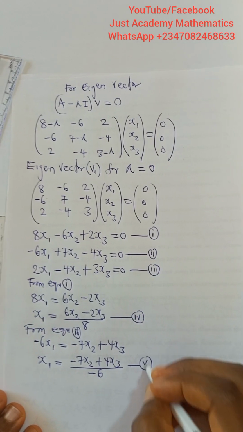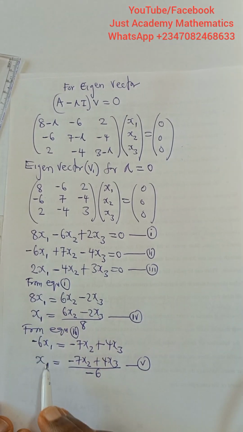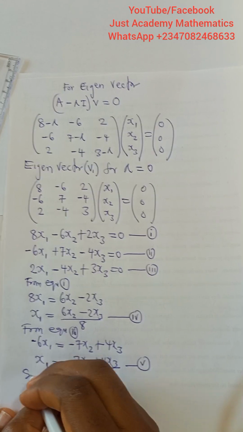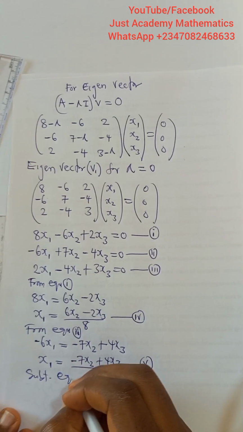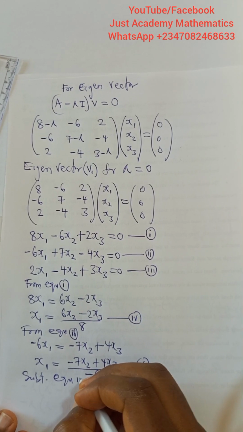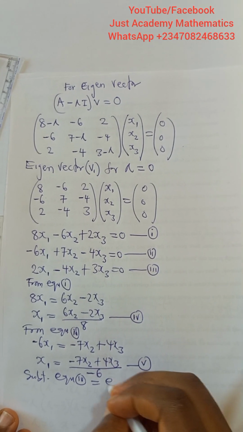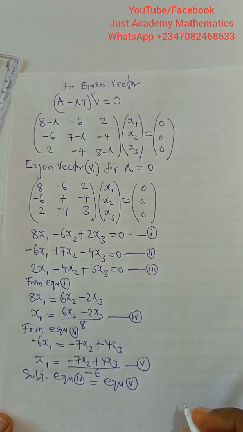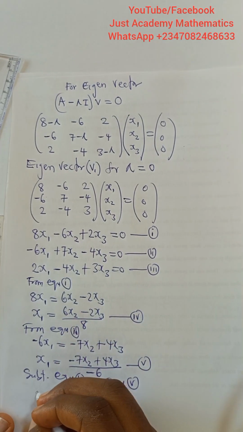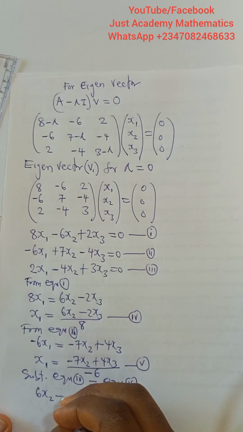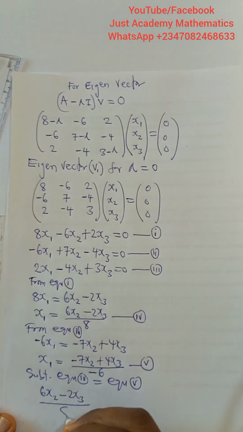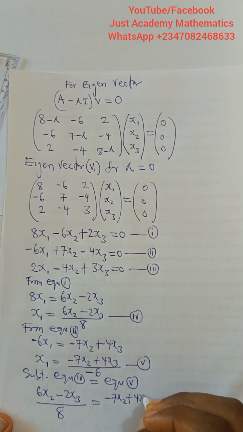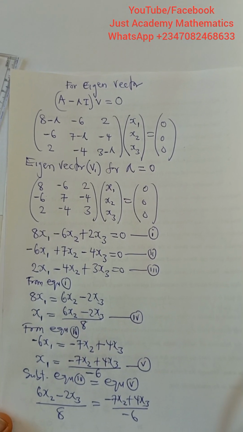This one is now equation 5. Now, equation 5 and equation 4 are the same thing. That means we can say that (6x2 minus 2x3) over 8 is the same thing as (minus 7x2 plus 4x3) over minus 6.